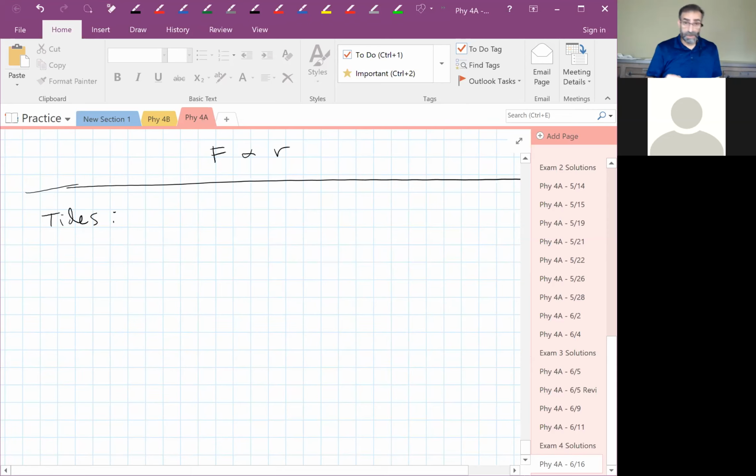A tidal force, what we call a tidal force, occurs when the force on an object is different on different points on the object.